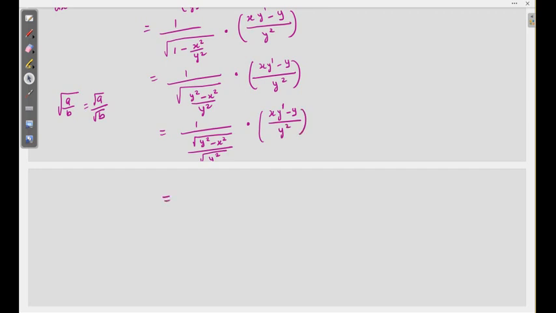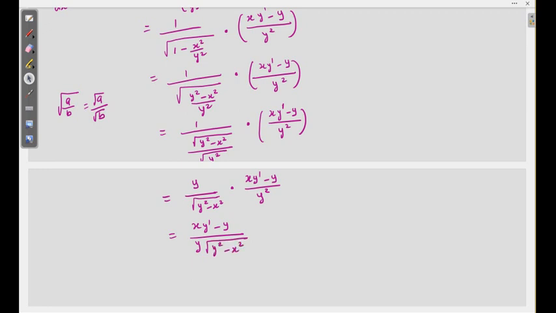Now the root of y squared is simply y, so we say y all over the root of y squared minus x squared, times xy prime minus y all over y squared. Simplifying that, this will cancel that, so we'll be left with xy prime minus y all divided by y multiplied by the root of y squared minus x squared.